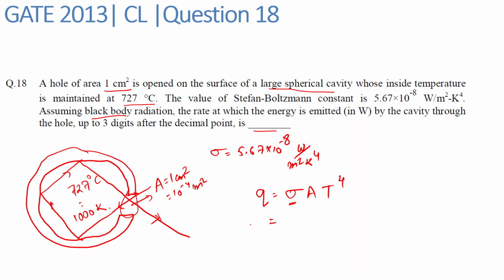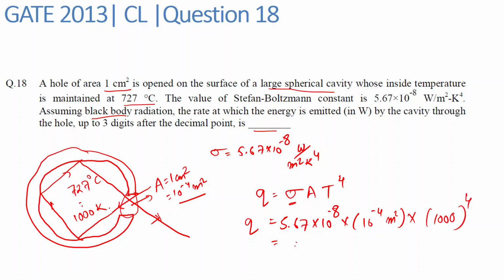So we can calculate the value of Q as 5.67 into 10 raised to minus 8, times the area, which we have been given as 10 raised to minus 4 meter square, times the temperature 1000 raised to 4.